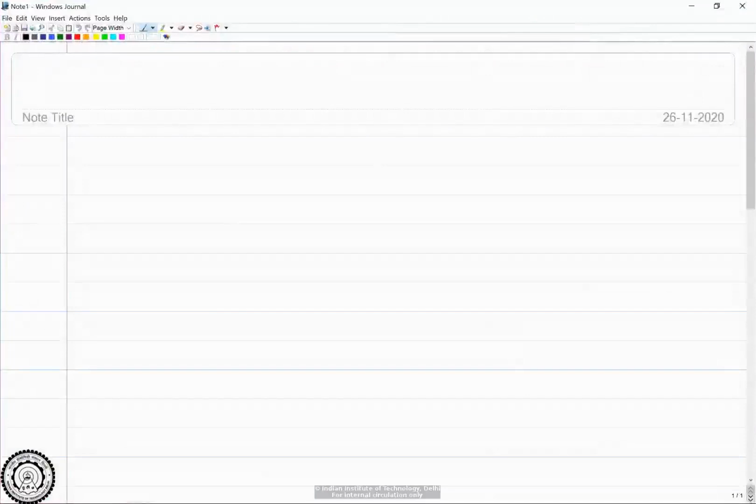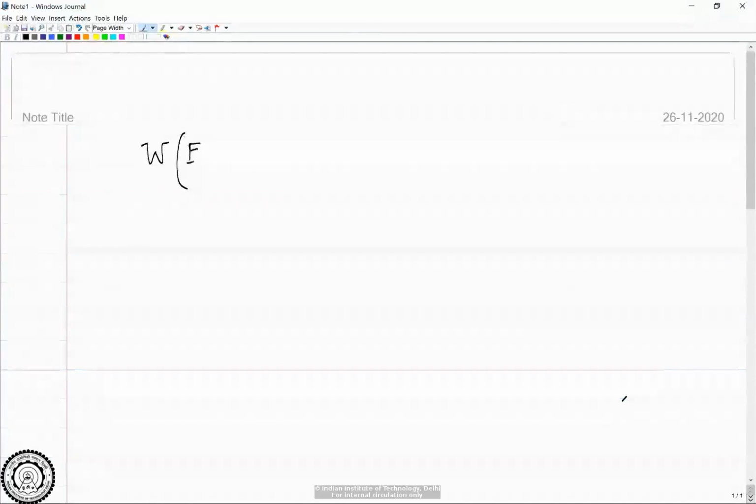In the last class, we did material objectivity, right? And what we found out was that for all materials, W of F has to be equal to W of QF.